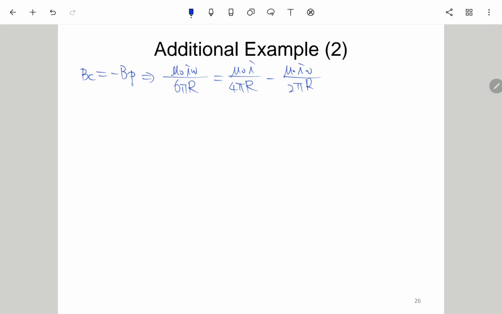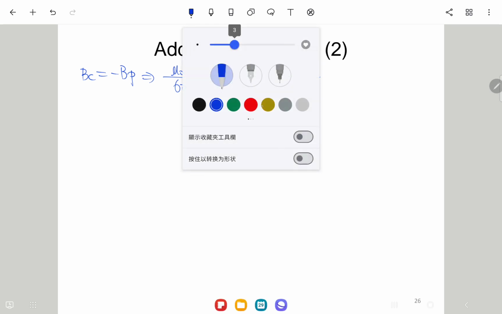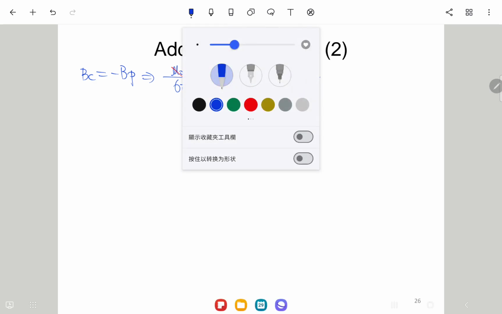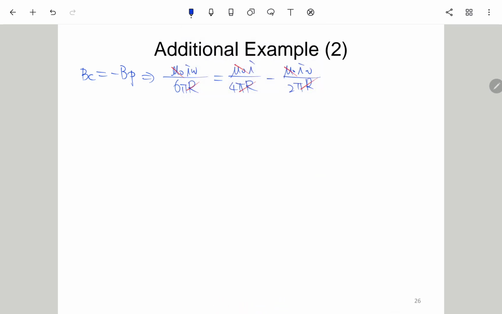We can try to do some simplification and cancellation. The mu naught cancels, the pi R cancels, so it remains some IW and the numbers, which can be easily handled. This term has IW, and this term has IW also, so we just move this term to the left side. It is actually IW times 1/6 plus 1/2, which will be 2 over 3.